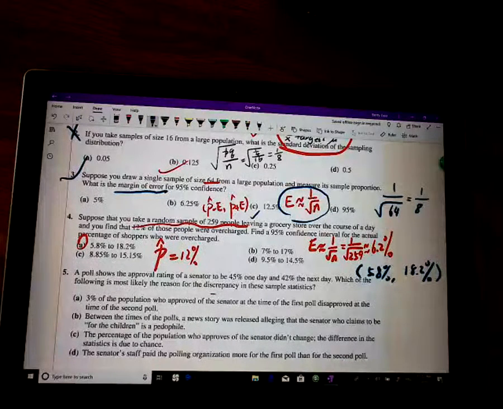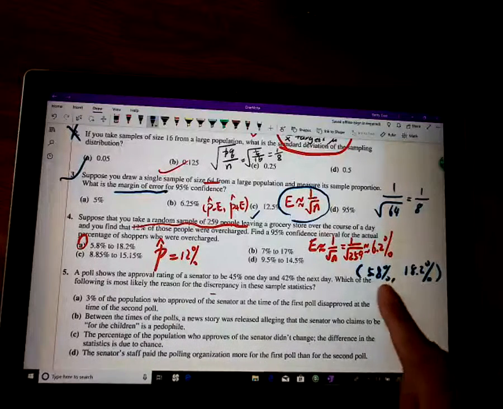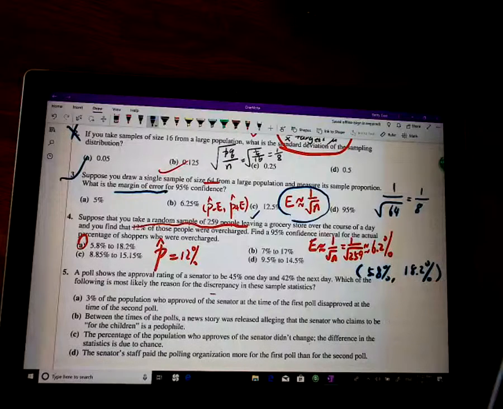Okay, so your conclusion would be: I am 95% confident that the true percentage of people who go to that grocery store who were overcharged is between 5.8% and 18.2%.